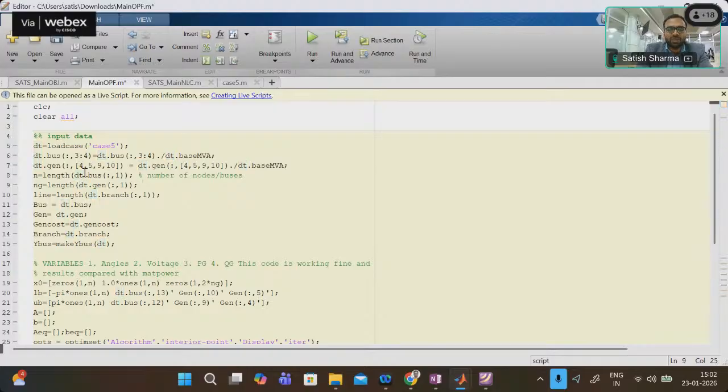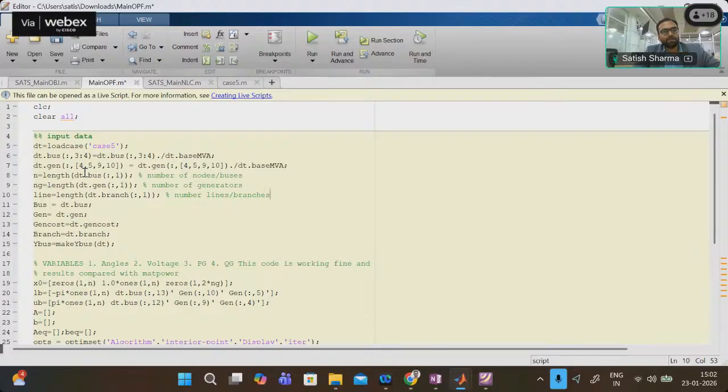This will give us the number of generators. Then this will give me the number of lines or branches. Whatever is the length of the branch matrix, that will give me the number of branches.